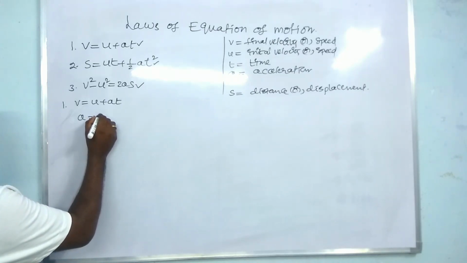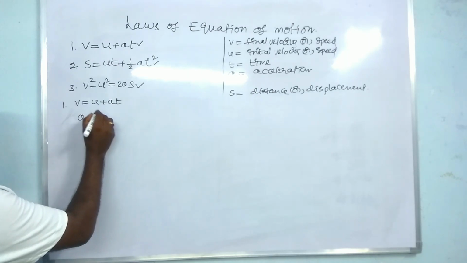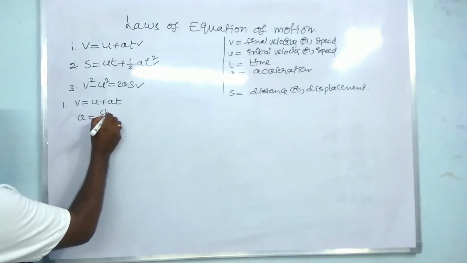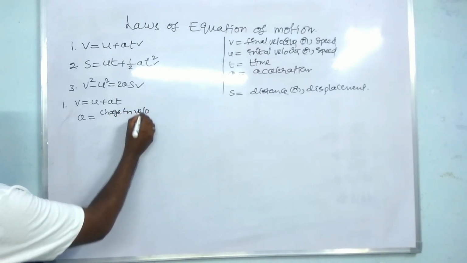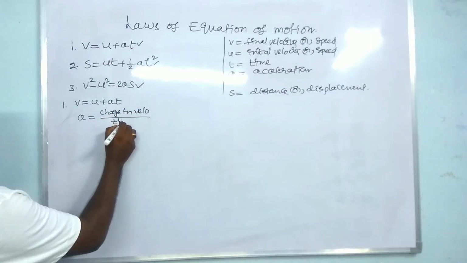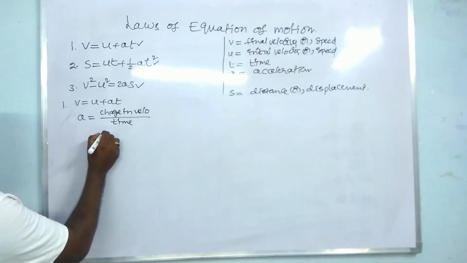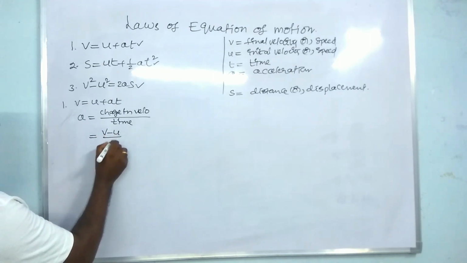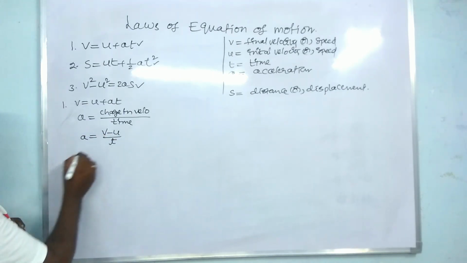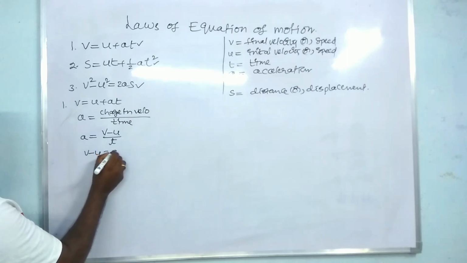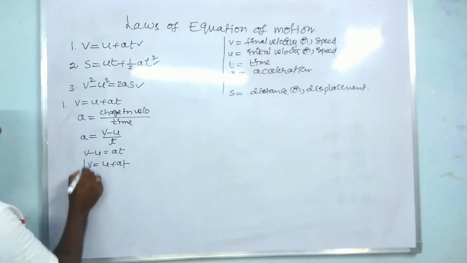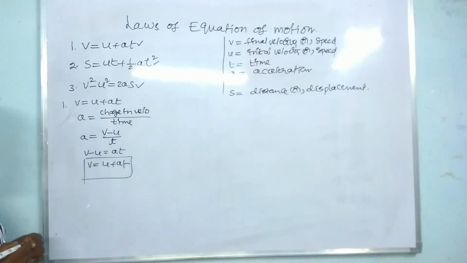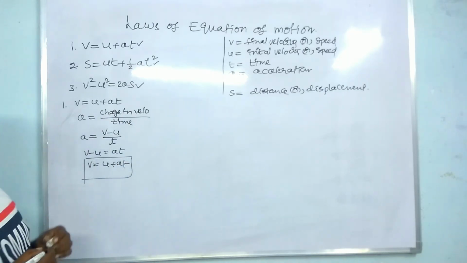Acceleration is equal to rate of change in velocity, that is change in velocity by time. Change in velocity means final velocity minus initial velocity, V minus U by T, that is equal to A. V minus U is equal to AT and V is equal to U plus AT.